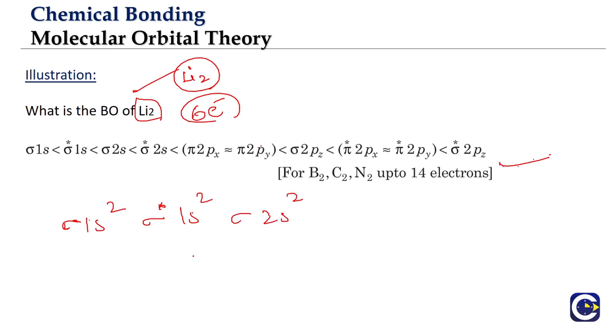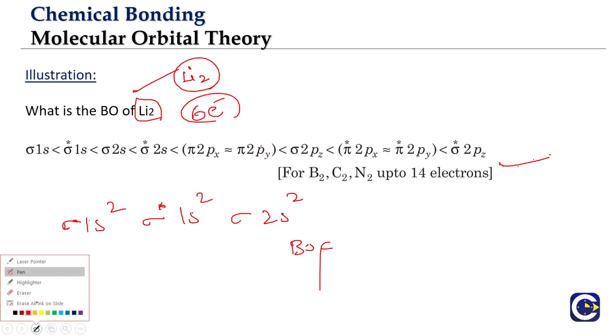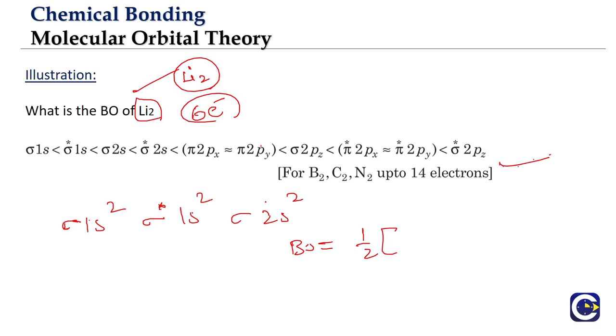The 6 electrons are over. Now what is the bond order formula? It is half into the number of electrons in bonding orbitals minus the number of electrons in anti-bonding orbitals. The number in bonding orbitals is 2 plus 2, totally 4, minus the number in anti-bonding, which is 2.